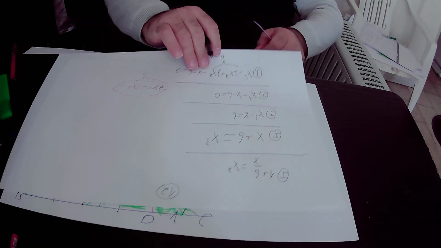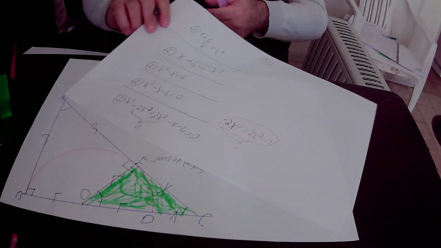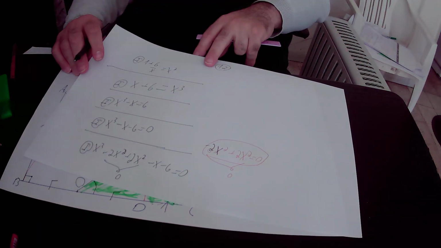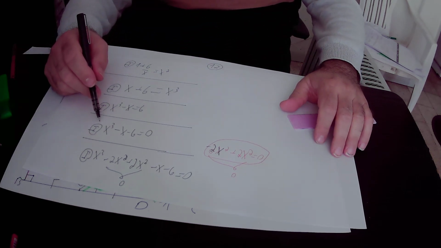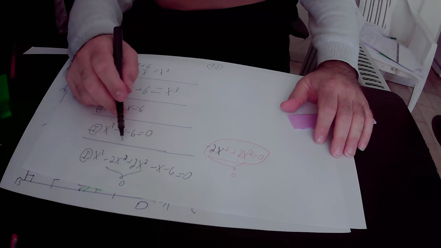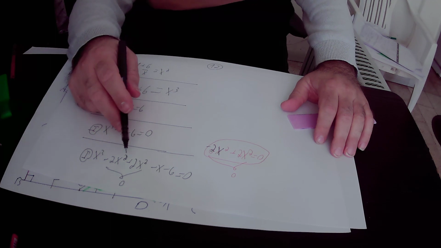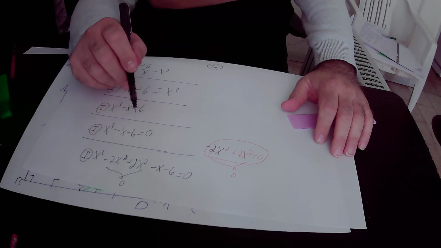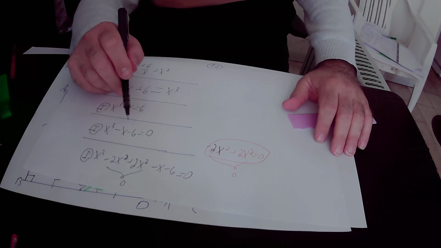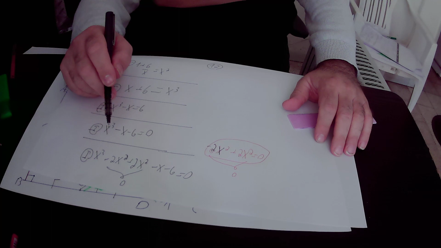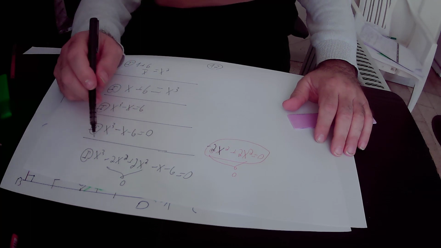I will repeat again. We actually added to equation number 1 the expression minus 2x squared plus 2x squared, that is 0, and it is allowable to add 0 to any equation. Therefore, it is allowable to add this expression to equation number 1.